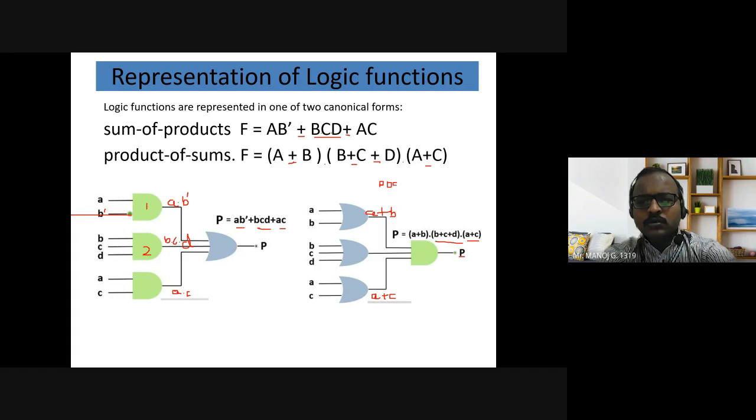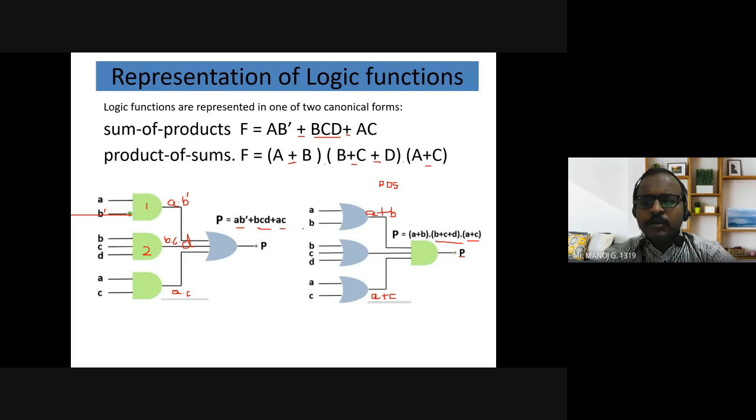So I think you should have done this previously. This is how you draw the logical circuit for a logical function, or implement a logical expression using a logical circuit. Is that clear?